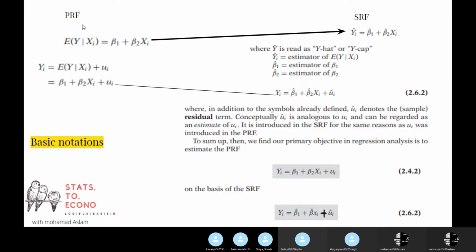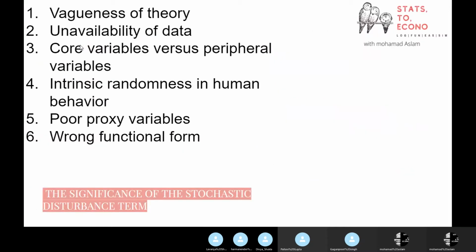Just focus on this particular equation to get an idea of what the population regression function is. It is just a mathematical function; the residual term is not yet introduced. At any particular value of x, if we put in these population parameters, intercept and slope, we get the expected value of y.